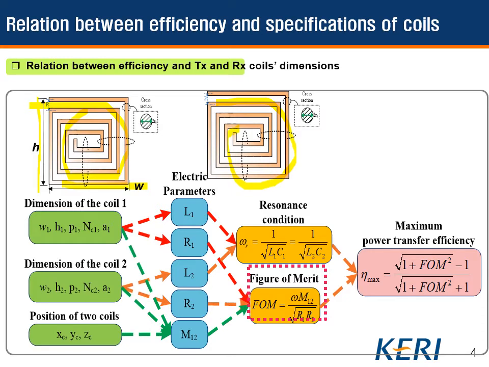As you can see, the AC resistance and inductance change according to dimensions W1, H1, P1 and A1. Especially AC resistance will be determined by skin effect and proximity effect, which are dependent on coil dimension here. Also, FOM here and the maximum power transfer efficiency are directly dependent on the dimension of a coil.